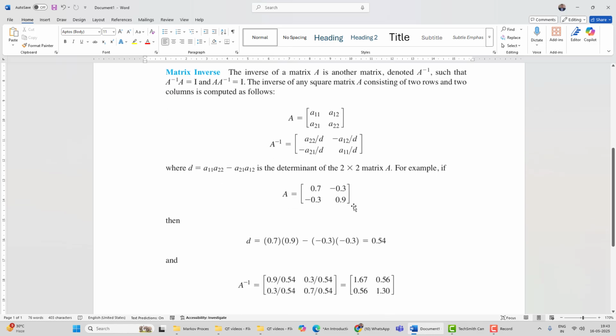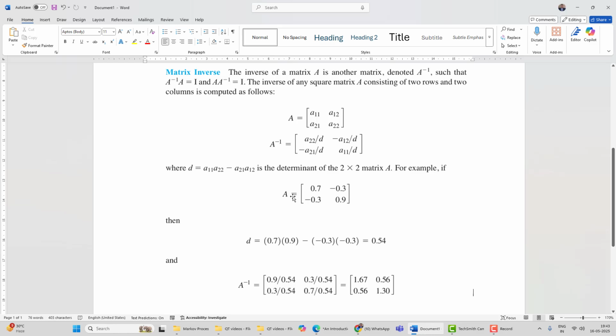See, our A matrix is this. Here the 0.7 and 0.9 will change their positions, these two will remain in their position but change their signs, and all four will be divided by 0.54.